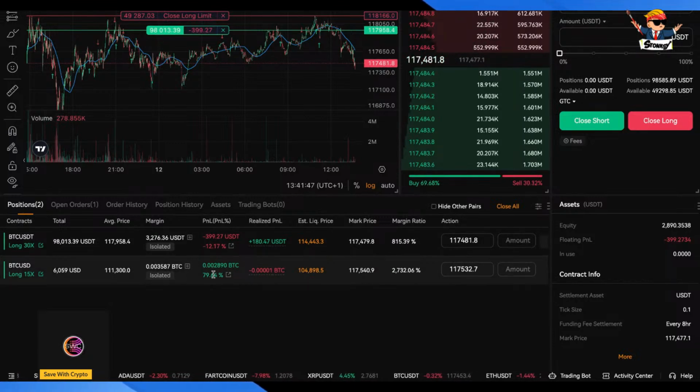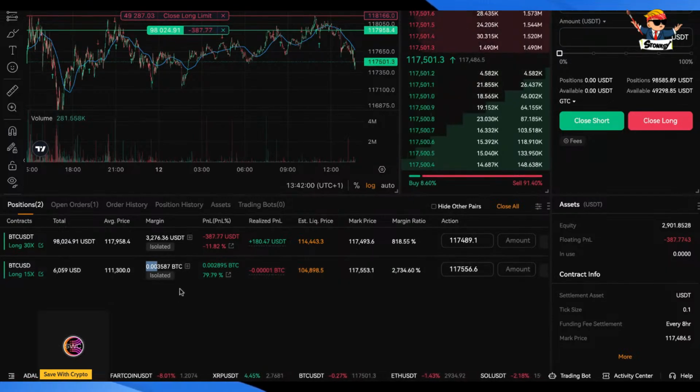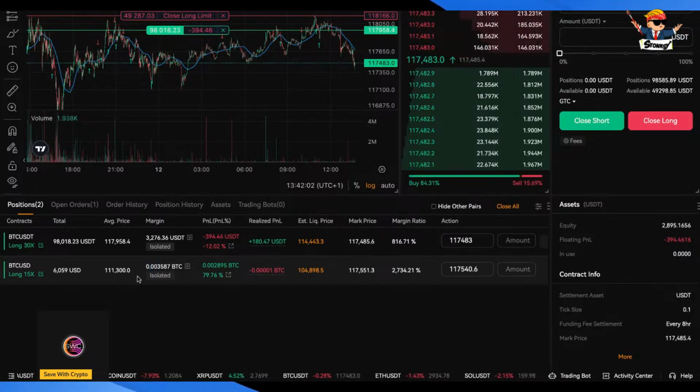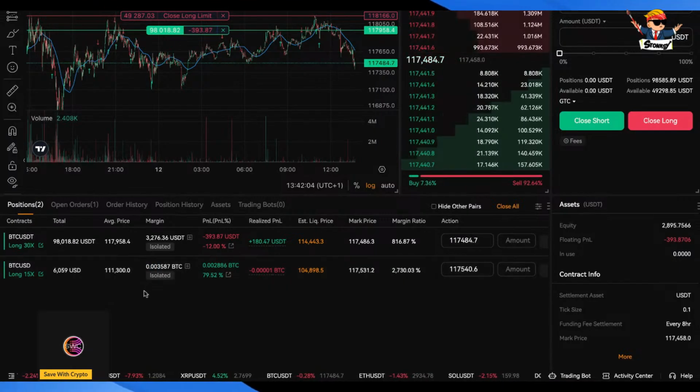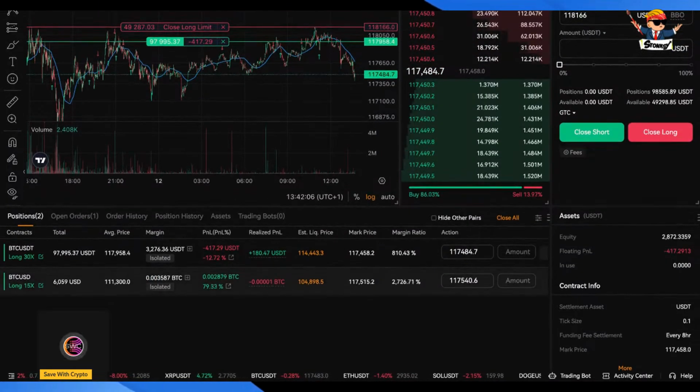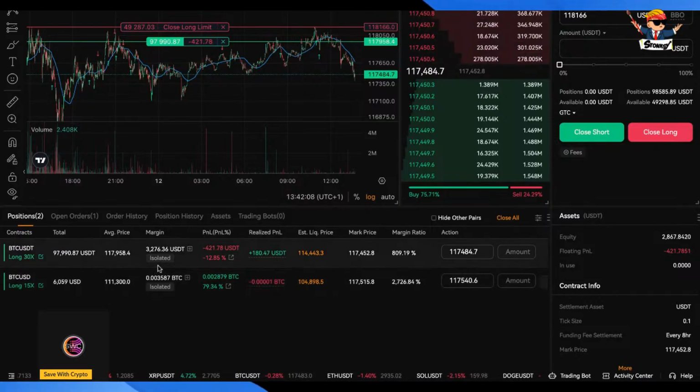It just says 0.002 Bitcoin, and where it quotes the margin, it just tells you that in Bitcoin. So I don't really know off the top of my head how much that is. I think it's about $400 or something, but I'm not sure. Whereas if you're trading USDT, it shows you there.